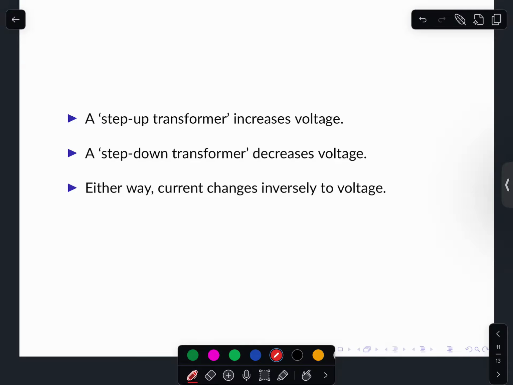You don't have to memorize 10:1, 1:10, which is the input, which is the output. You can just look at, am I talking about step up or step down? If I use these words, I multiply the voltage by that factor for step up. I divide the voltage by that factor for step down. And current does the opposite. I always think of voltage and then current does the opposite.